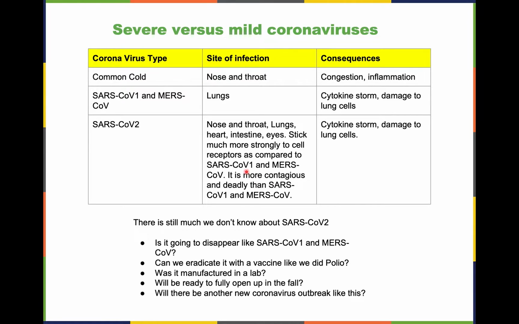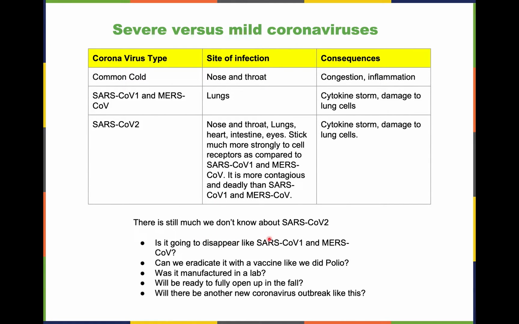So it's not only more contagious than the previous coronaviruses that we've known, but it's also more deadly because it can, again, cause cytokine storm, it can damage the lung cells, but because it also can infect intestine and heart cells, it can cause additional problems. So it's a really deadly virus, and it's pretty new, and scientists are still learning about it.